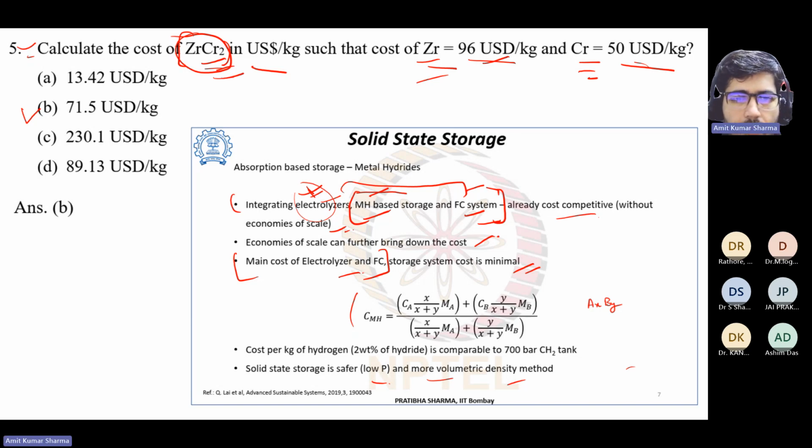It means a 700 bar compressed hydrogen tank, but with solid state storage we don't need this much pressure. We can operate at a very low pressure as compared to this pressure, and we can still have the same amount of hydrogen.